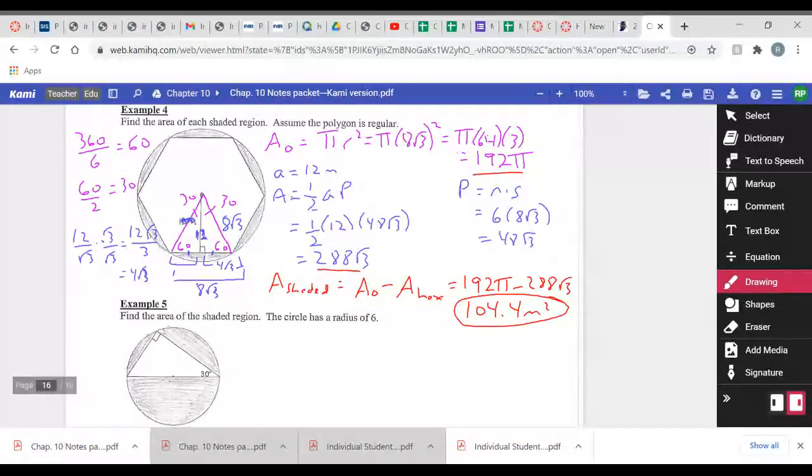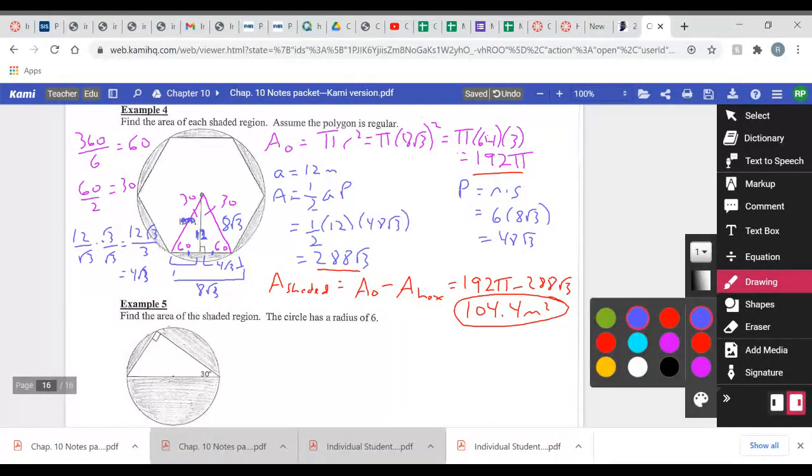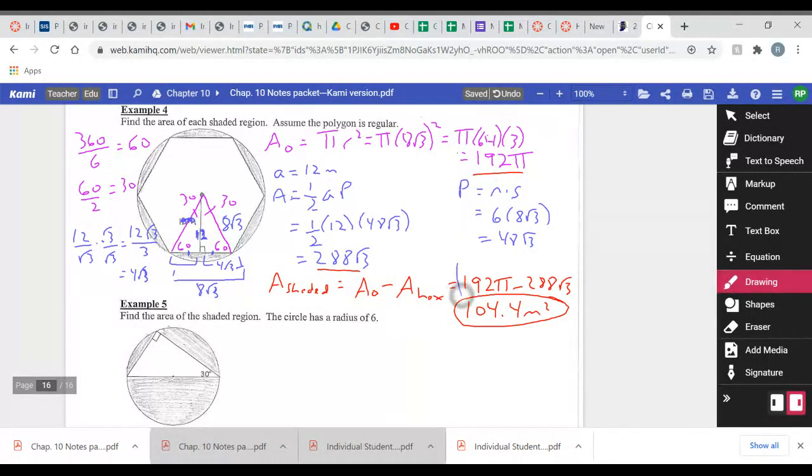Okay, so double check that, putting that in your calculator. If it said leave it in exact form, I would leave exactly what it says right here, which is 192 pi minus 288 square root of 3. I forgot to say that before. That would be the exact form. And down here would be my approximate form.